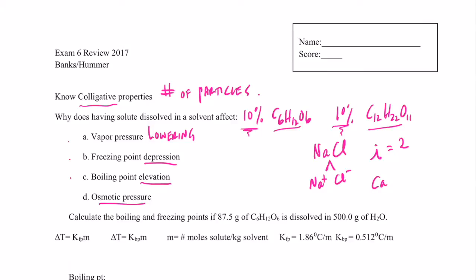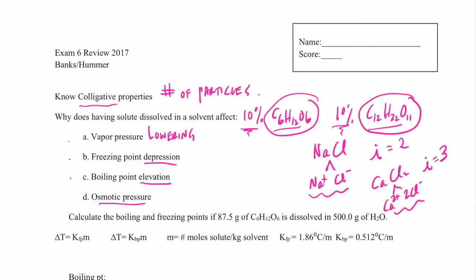If I had used CaCl2, that splits up into calcium ions and 2 chloride ions. So the Van't Hoff factor would be 3 in that particular case. So that would triple the effect. Once again, because it depends upon the number of particles, not the type. And in this case, we have ions that act as my particles. In the case above here, we had molecules that don't ionize or dissociate when placed in water.